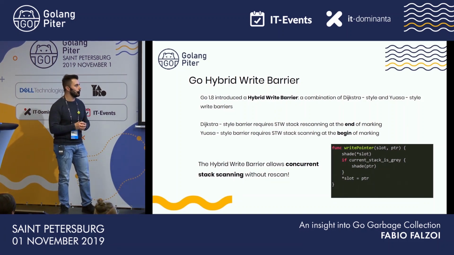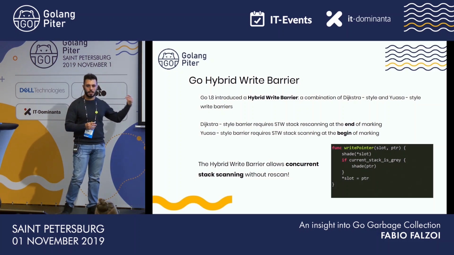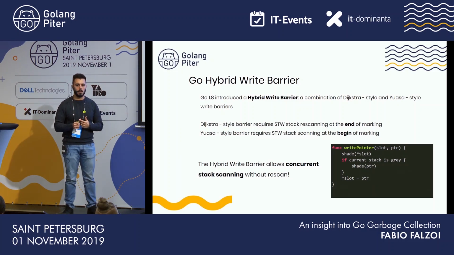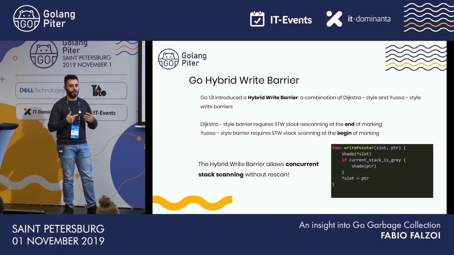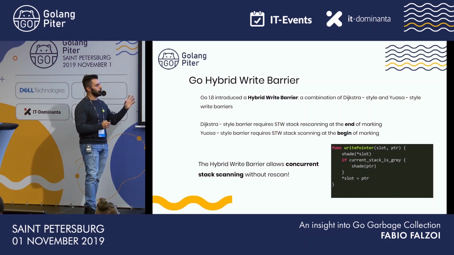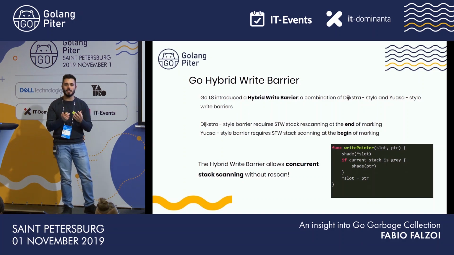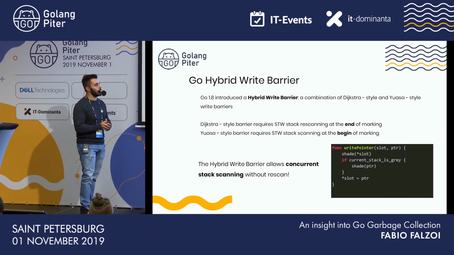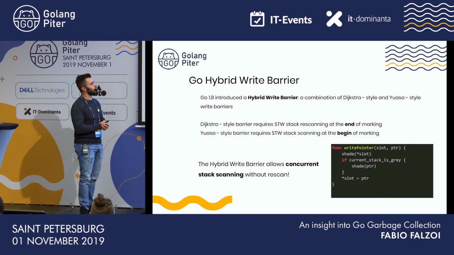But if you combine them, you can concurrently scan stacks without a stack write barrier and without rescanning the stack with the world stopped. So this is maybe the main piece, the most important piece of garbage collection in Go.